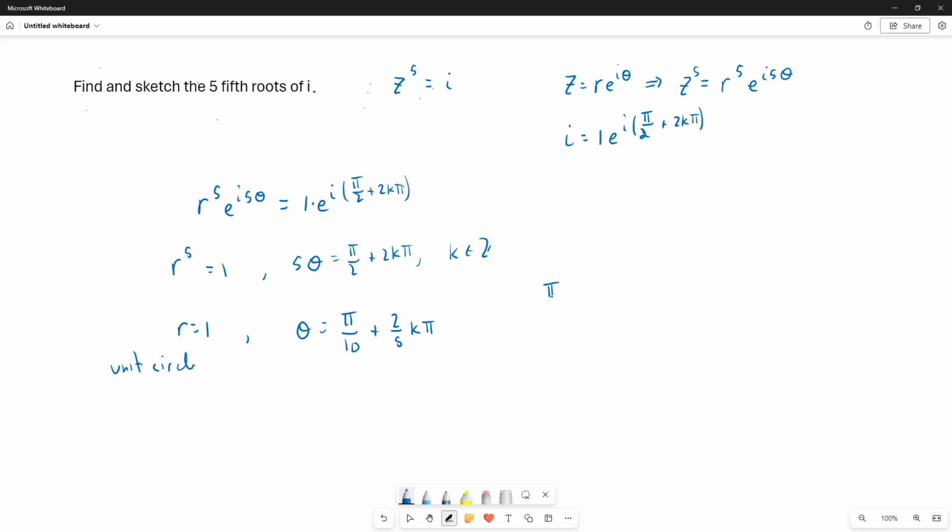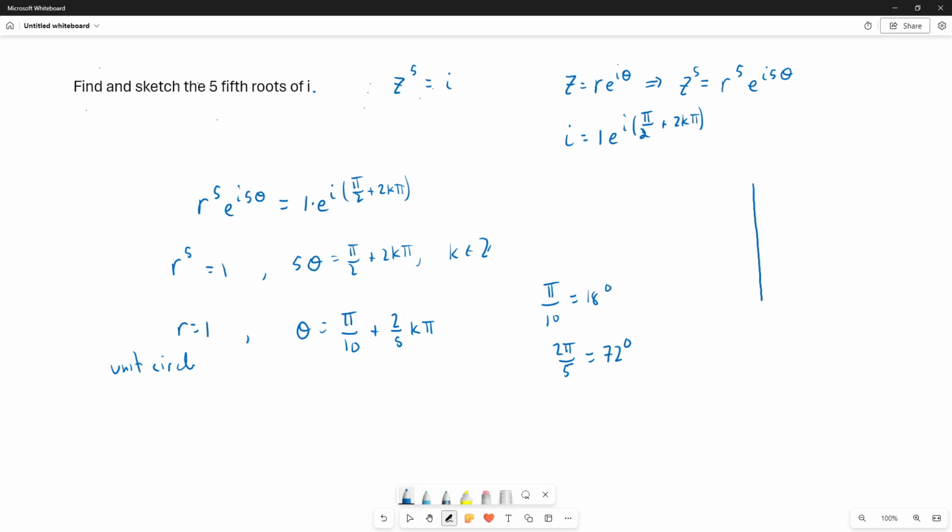Now for the sketching part, pi over 10 is 18 degrees, and 2 pi over 5, 2 pi is 360 degrees, so dividing that by 5 makes 72 degrees. So we're going to have an angle of 18 degrees, and then increments of that angle of 72 degrees.